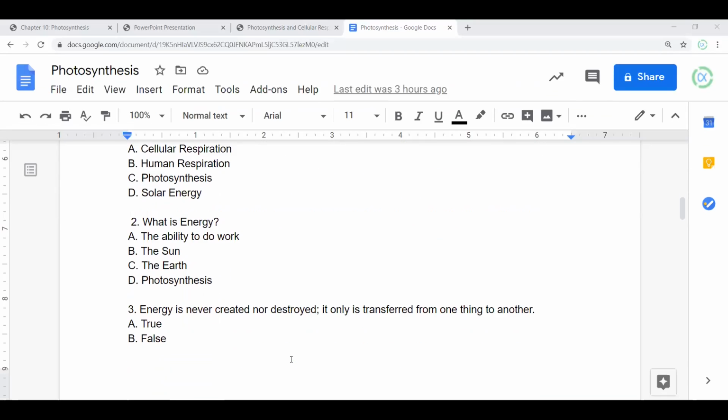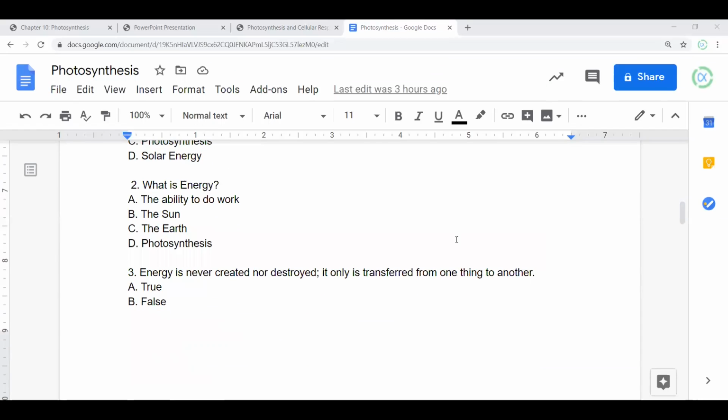Energy is never created or destroyed. It is only transferred from one thing to another. True or false?